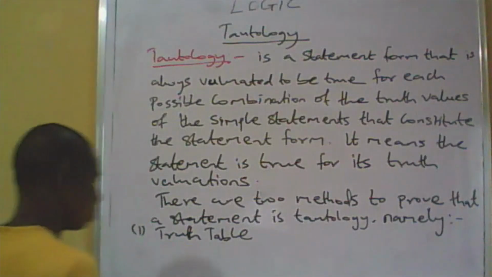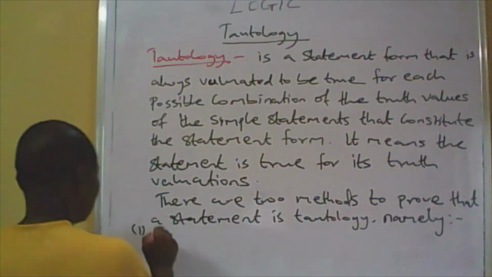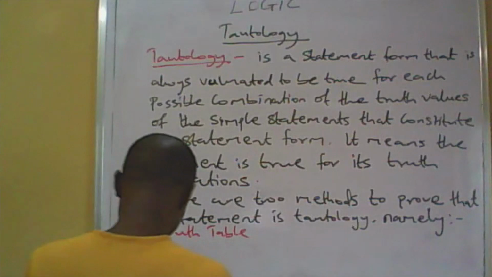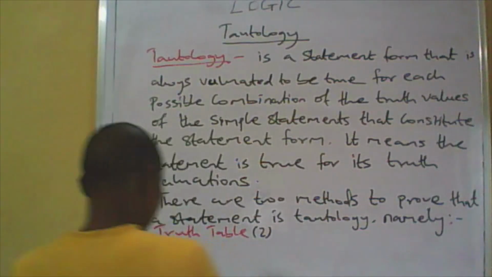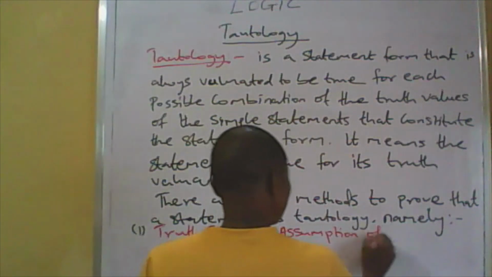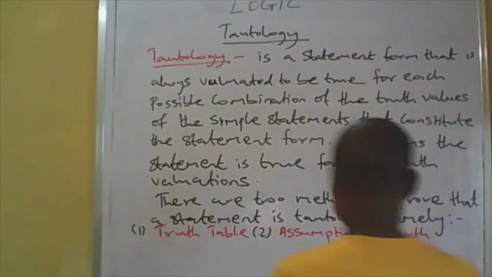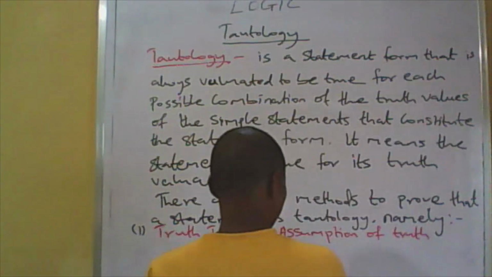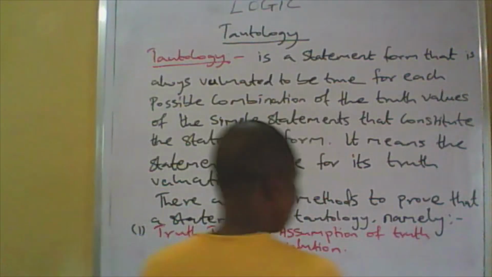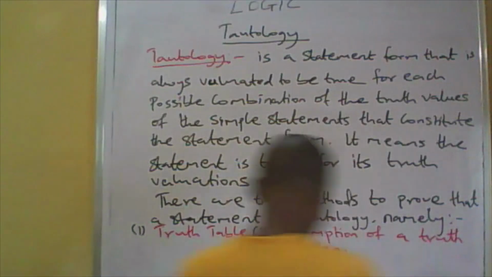Okay, let's use red ink. So 1 is truth table, 2 is assumption of a truth valuation.